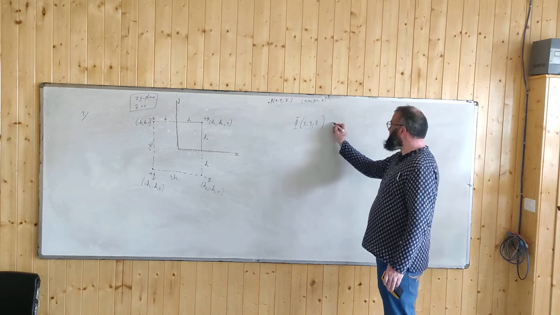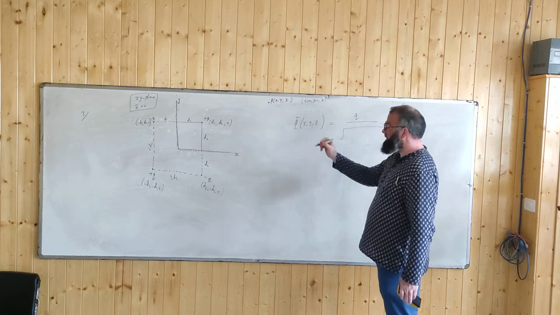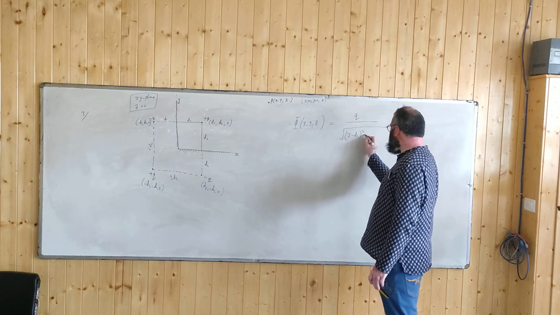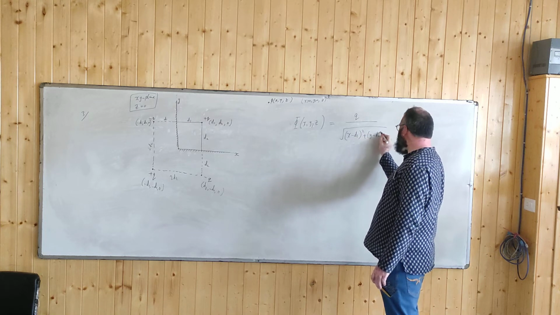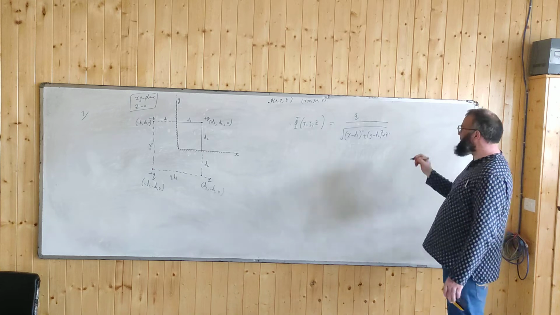Now let's write first the potential. It will be simply q divided by the square root of (x minus d1) whole square plus (y minus d2) whole square plus z square. So this is the potential due to the original charge.